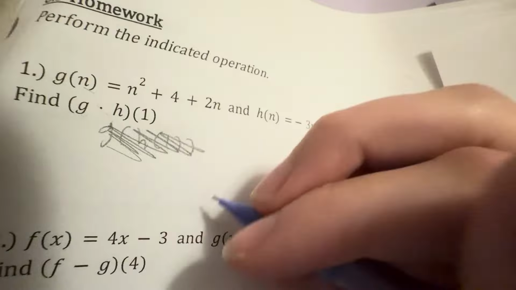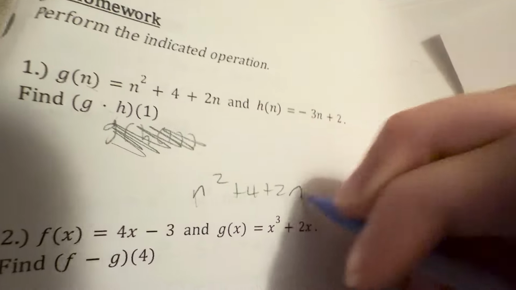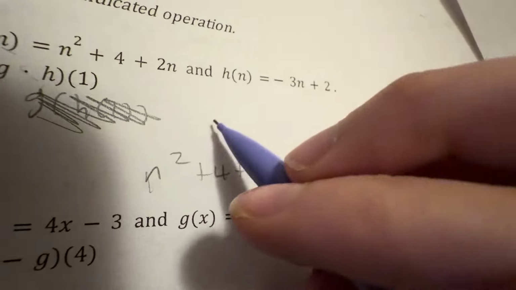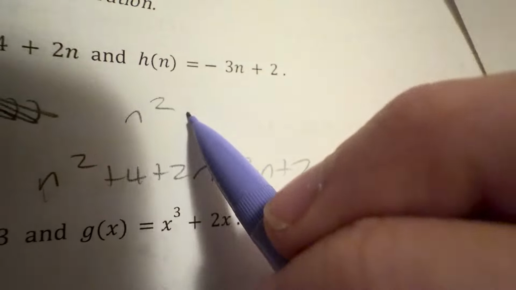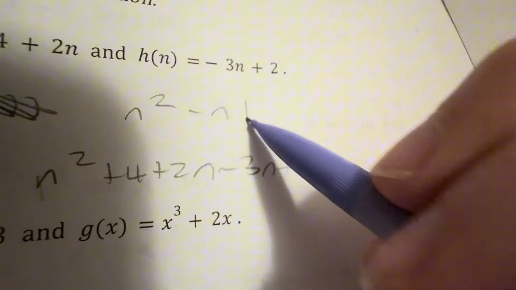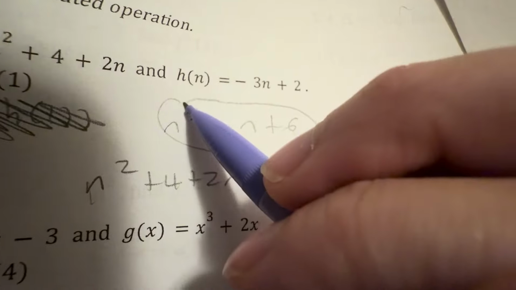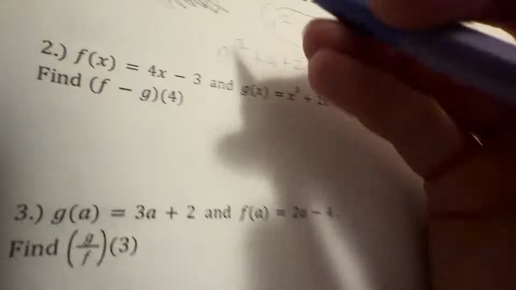Okay, so then that would be n squared plus 4 plus 2n minus 3n plus 2. So n squared, and then we combine these. Negative n plus 6. Combine those. The teacher did not post any answer key, by the way, so I don't know if I'm doing these right, but I'm pretty sure I am. I'm confident in myself.